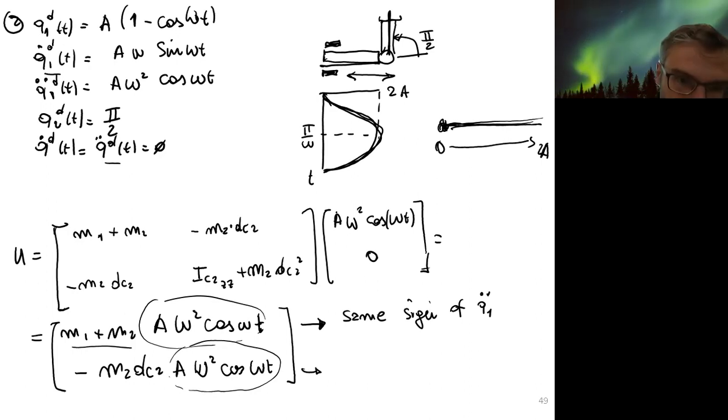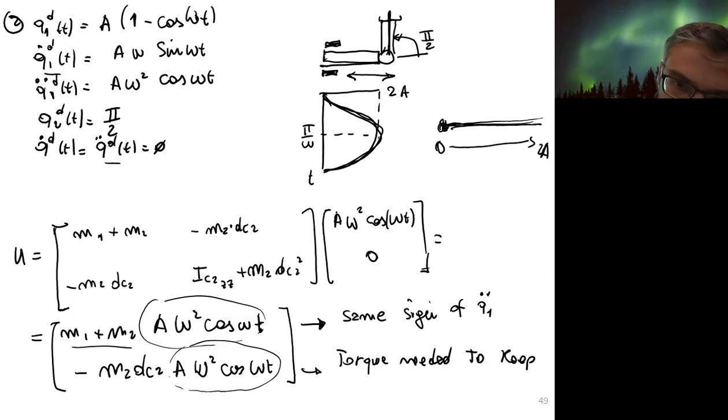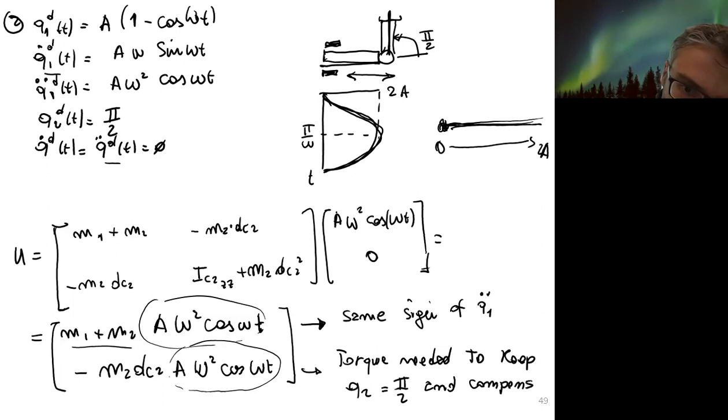So this is the torque needed to keep Q2 at pi half and compensate the coupling from Q1.